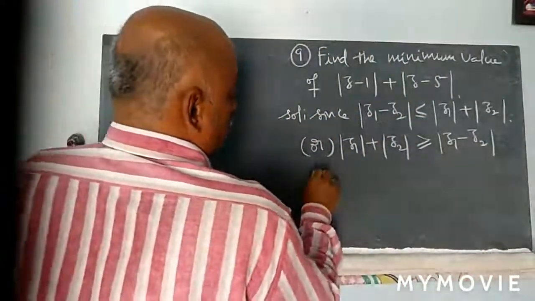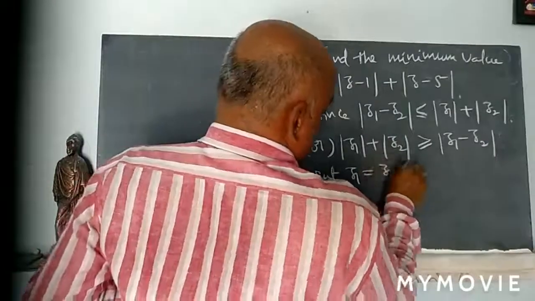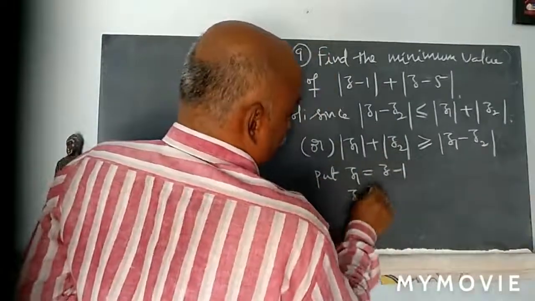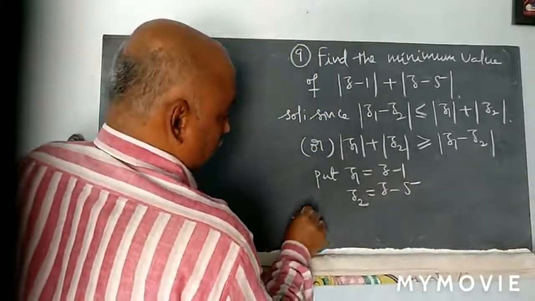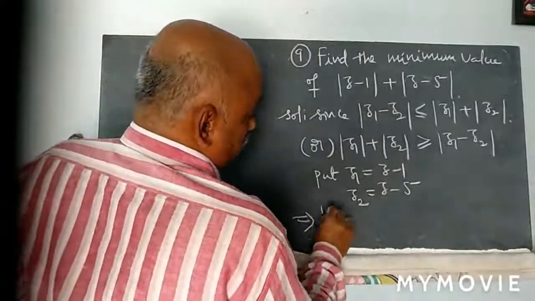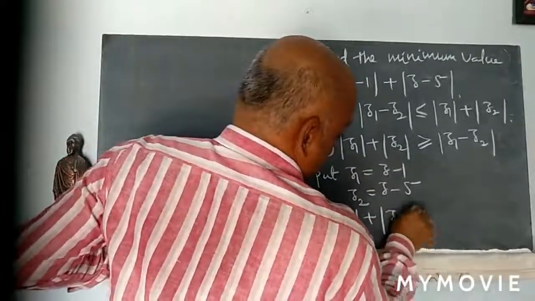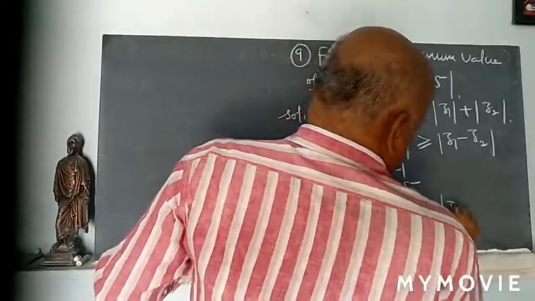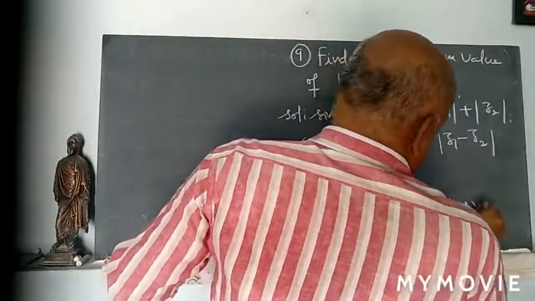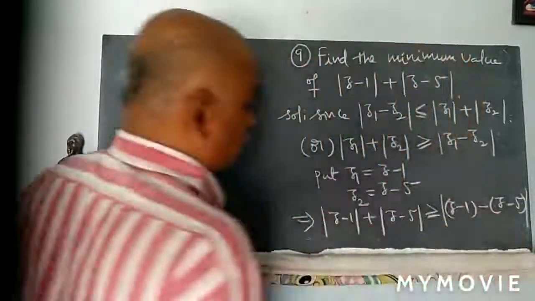So put z1 equals z - 1 and z2 equals z - 5. This implies |z - 1| + |z - 5| is greater than or equal to |(z - 1) - (z - 5)|.